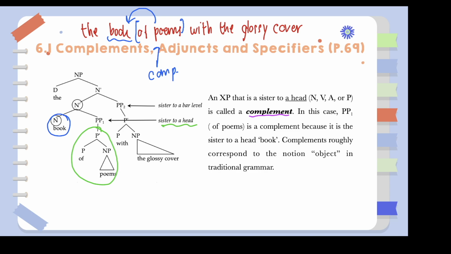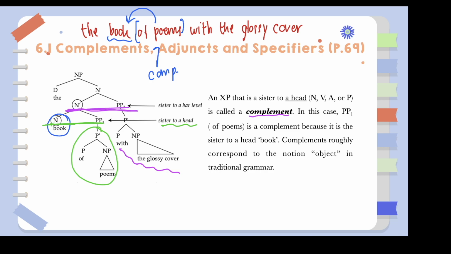When I say sister to a head, it means that the prepositional phrase "of poems" will be arranged at the same level as our head, book, as you can see here. So it's different from "with the glossy cover," which is higher than that.